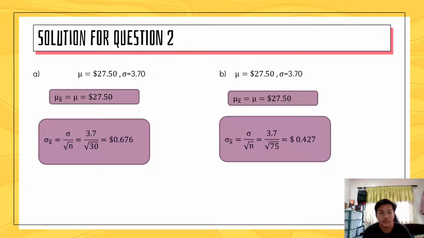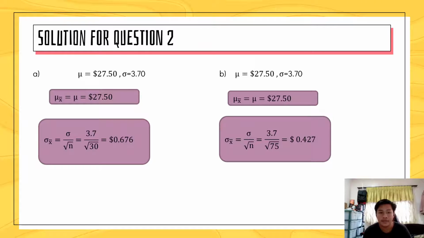So for A, after we read the question, we get that the mean is $27.50 and the standard deviation is $3.70.